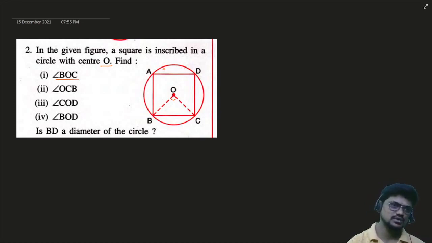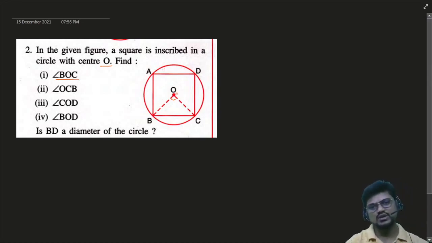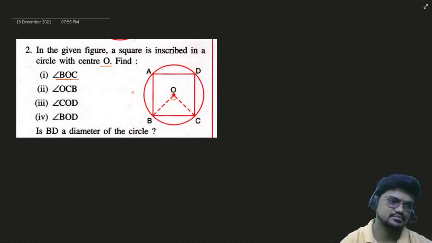But sir, here the diagonal is not given. Yeah, we do not know that actually it has to be the center only, because if it's a square and if we are drawing a diagonal, this will be the center of the circle only. Yes, it has to be. But without using it, how can we say? OB and OC are radii, sir, but then BC is not written. Yeah, just a moment.